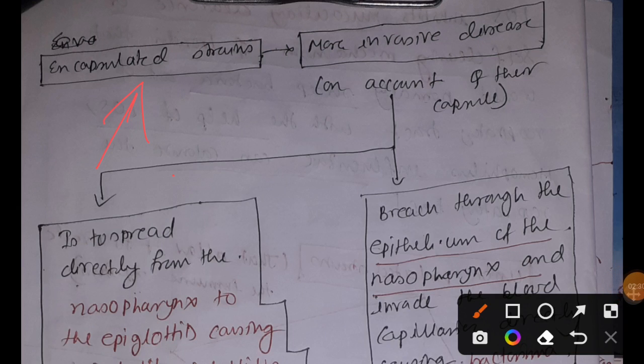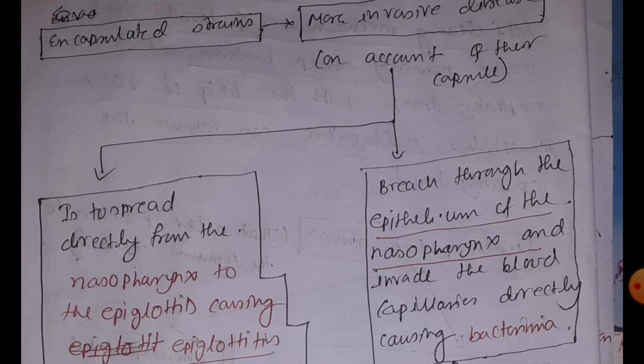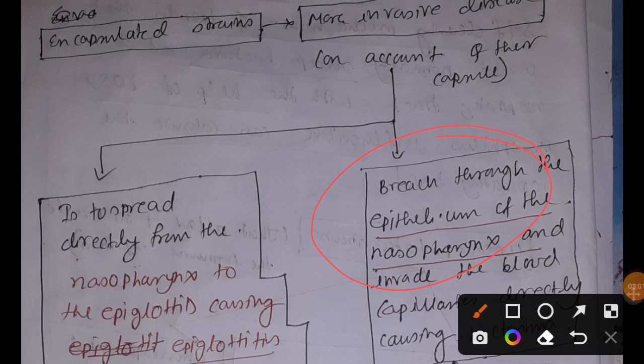Again, encapsulated strains are more invasive bacteria, and the reason behind this is the presence of the capsule. These bacteria can directly spread to the epiglottis causing epiglottitis, or transfer to the soft skin tissues of the face causing cellulitis, and they can also breach the epithelial cells of the nasopharynx, invade the blood capillaries and enter the blood, where they cause bacteremia.